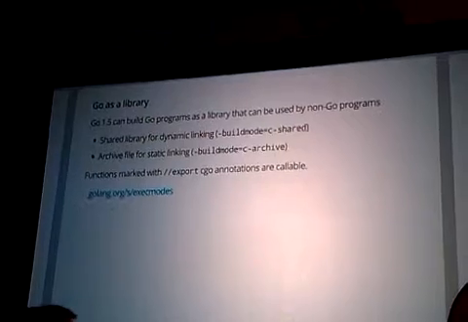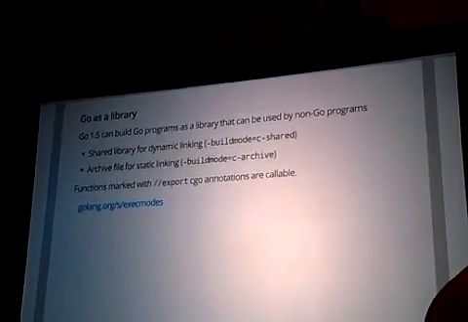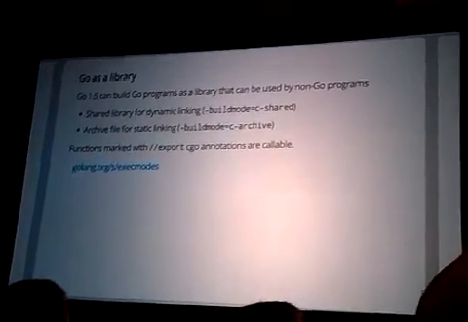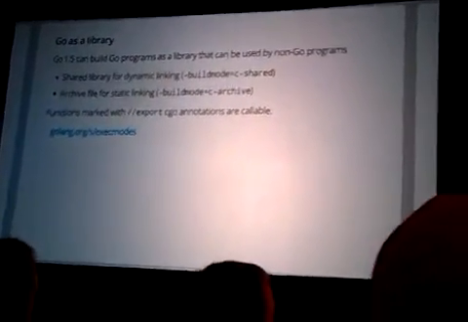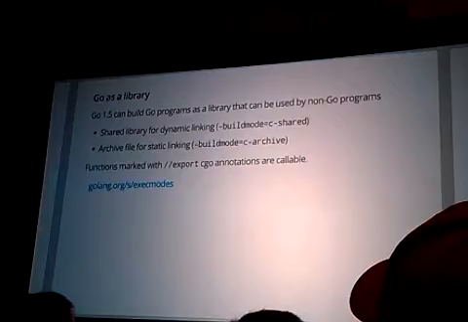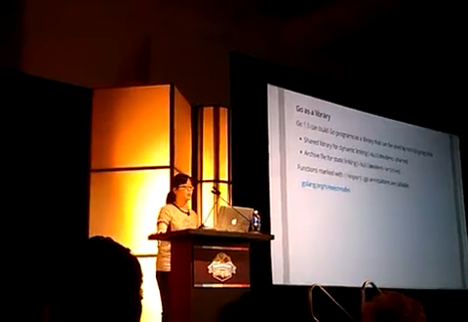And iOS doesn't support this dynamic linking yet. So in this case, we create a c-archive for static linking. And all the Go functions marked with the export annotation can be callable from different languages.